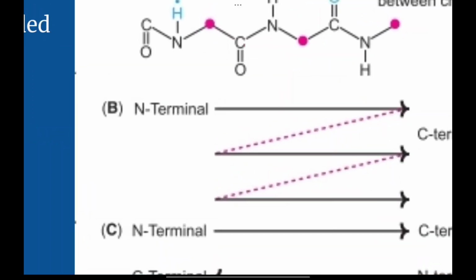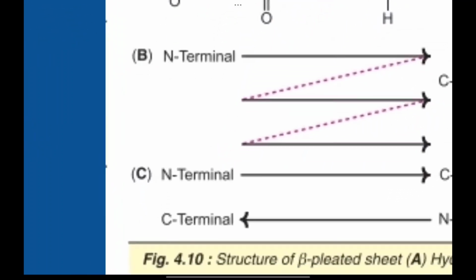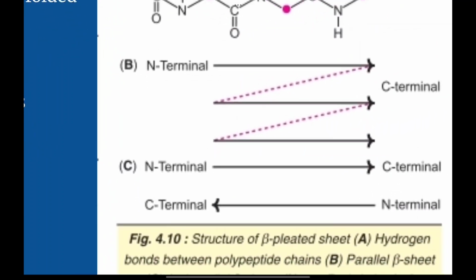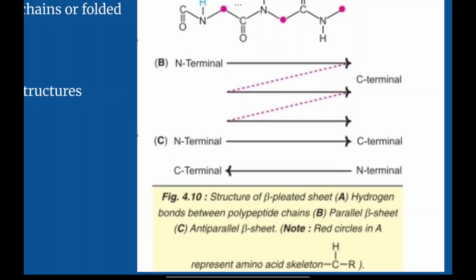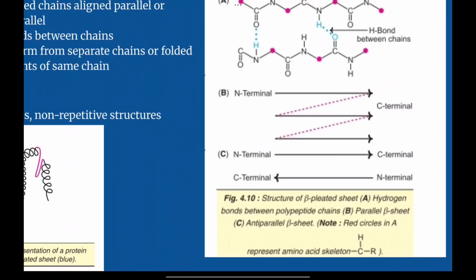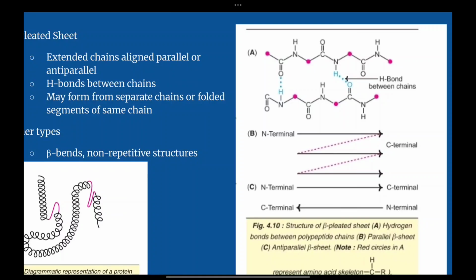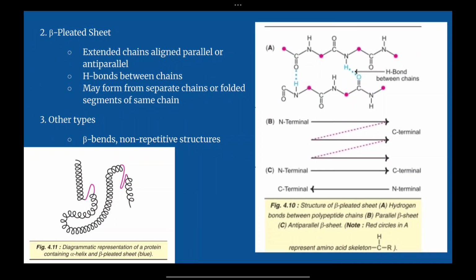The pink line that you see is the hydrogen bond. Now the N terminal and C terminal are in opposite directions, and these are the anti-parallel beta pleated sheets that are formed.